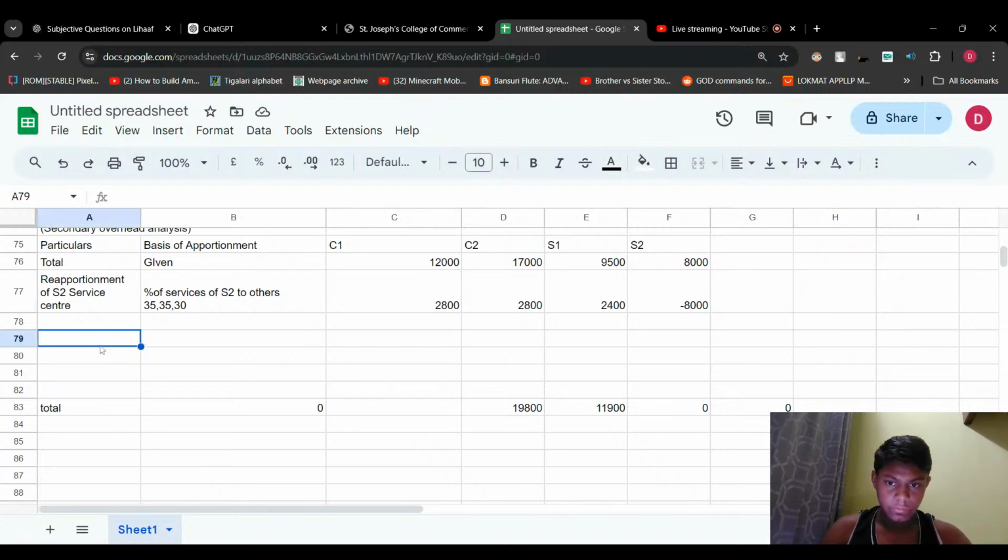Now what we do is reapportionment of S1 service center.